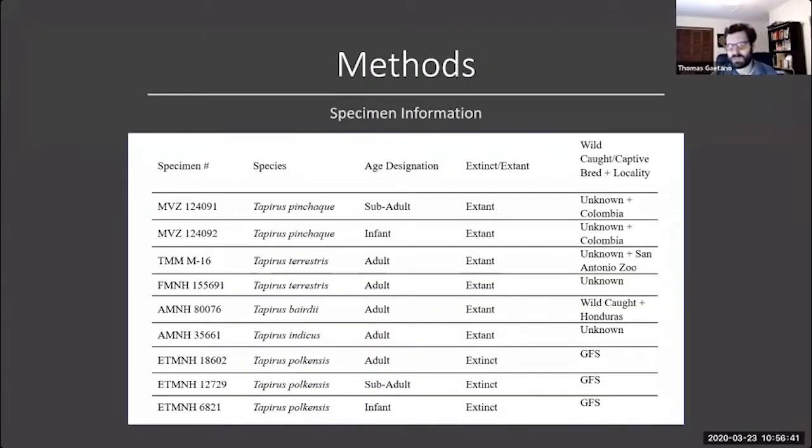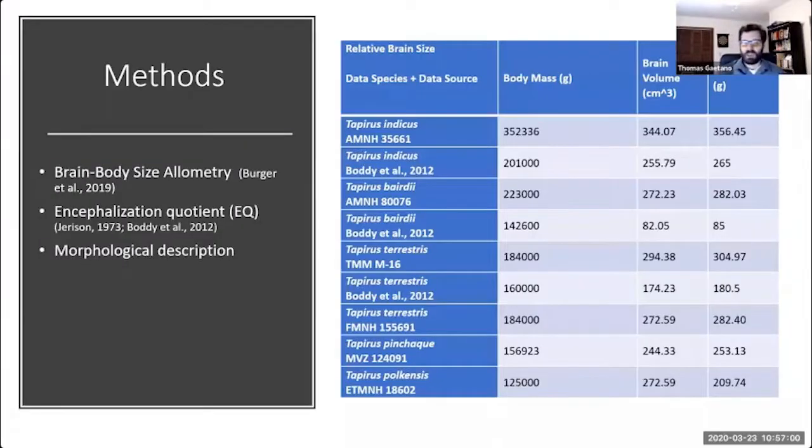I classified them into infant, subadult, or full adult age categories, along with extinct and extant. Now, in order to test if Tapirus polkensis varies from Tapirus alone, we had to take this data and create a brain-body size allometry to be used to predict expected brain size based on the body mass of the different individuals in my study.